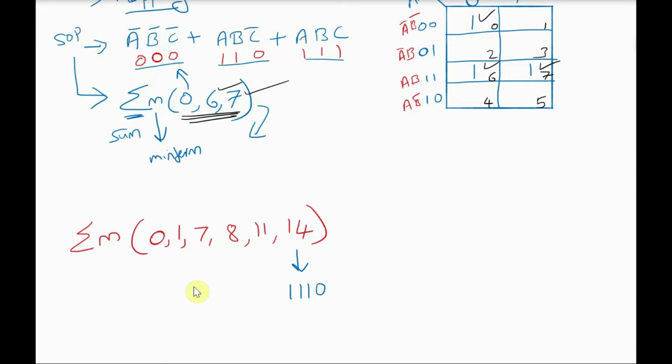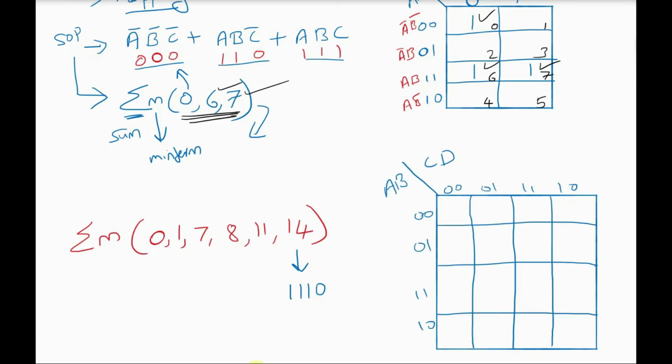That is, 4 bits are required to represent 14. Maximum number is 14 and it requires 4 binary bits. Therefore, we require a 4 variable kmap.